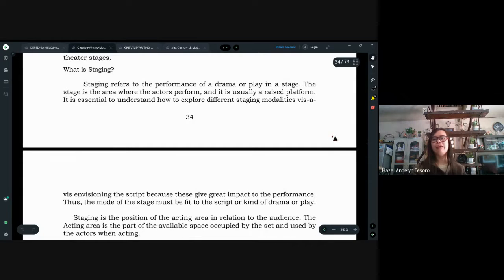So first up, you have to know muna what a stage is. Staging refers to the performance of a drama or play in a stage. The stage is the area where the actors perform and is usually a raised platform. So mas mataas siya than the audience because the audience has to see syempre the characters up on stage. So it's essential to understand how to explore the different staging modalities vis-a-vis envisioning the script.